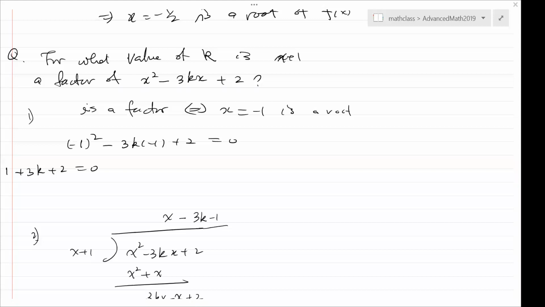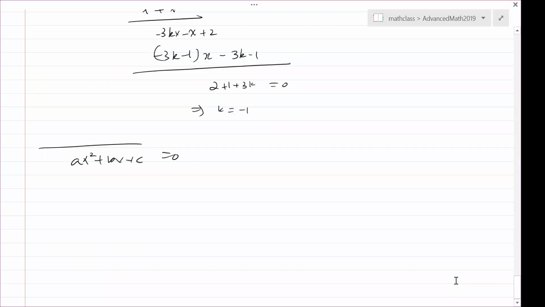Now we have to move on to the next problem. The screen is not moving. Okay, hold on. I'm sharing. It's okay now, right? Yes.